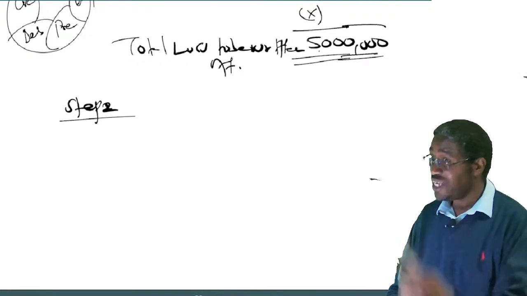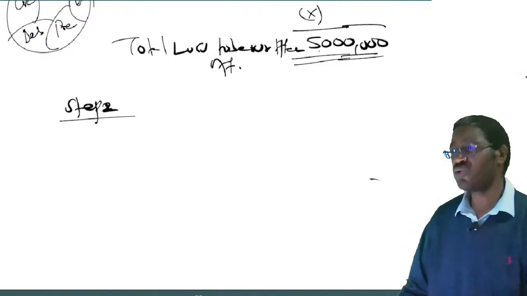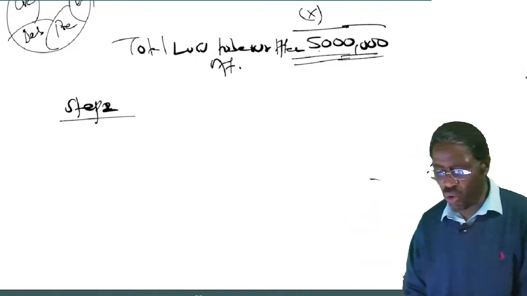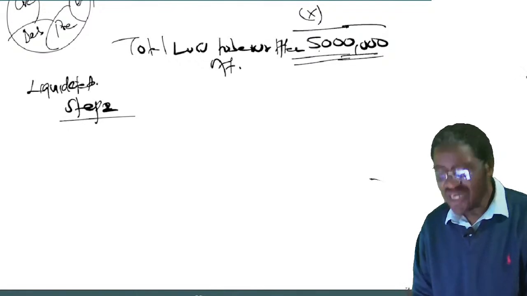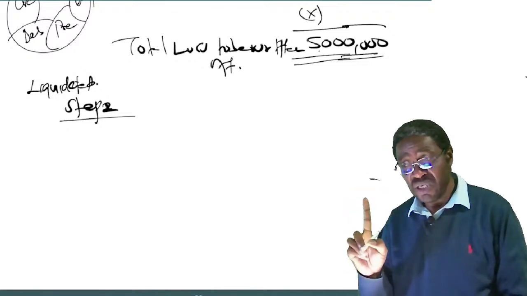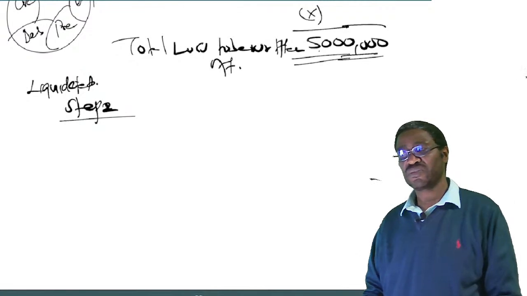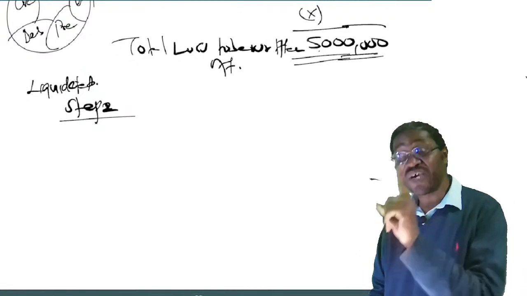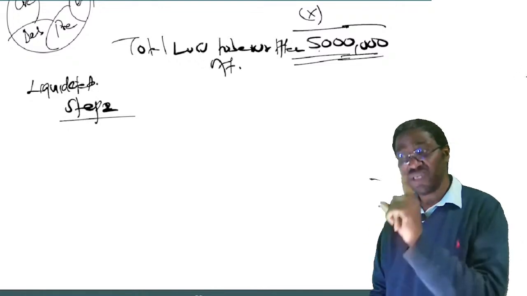Listen, if they know that they can go to court and ask for the company to be liquidated, remember, we are not liquidating our company. We are reconstructing our company.